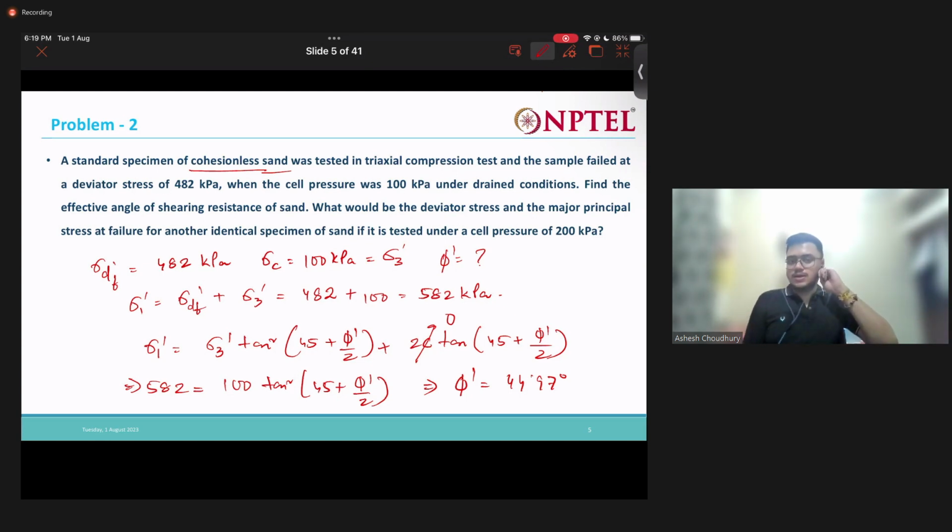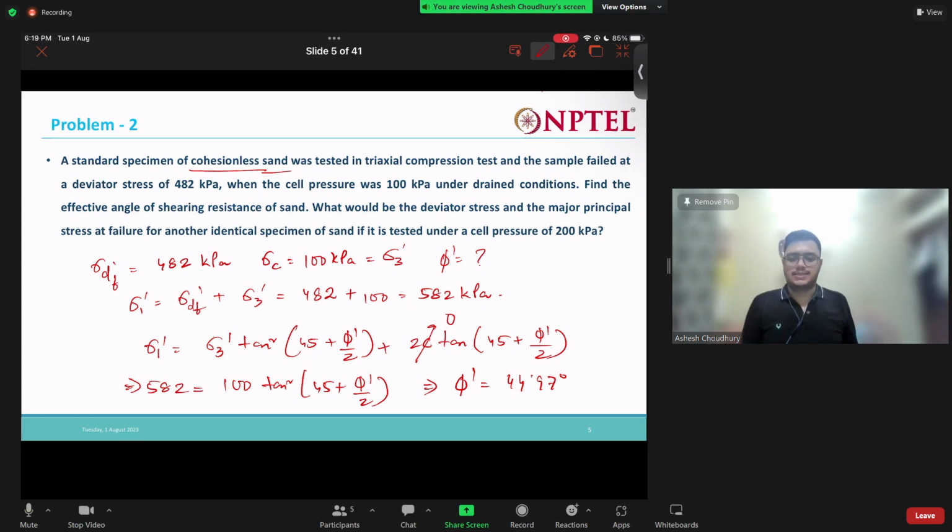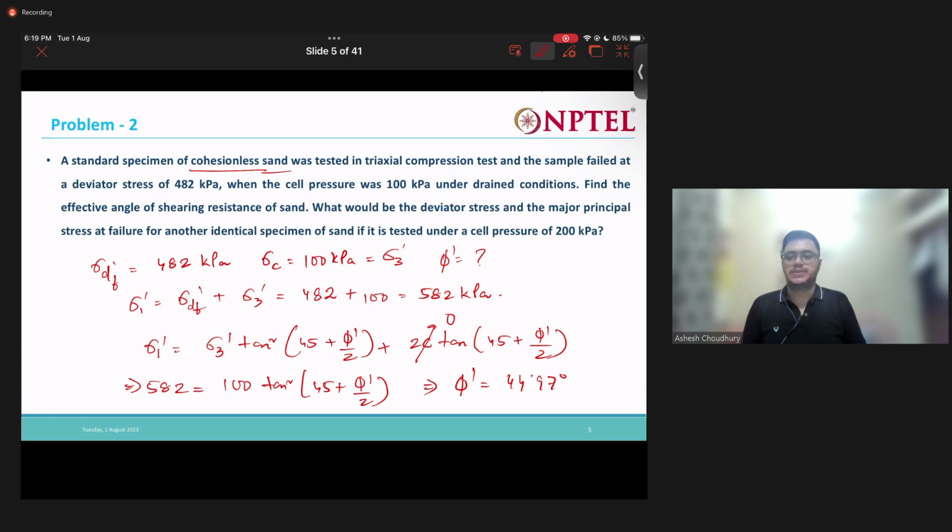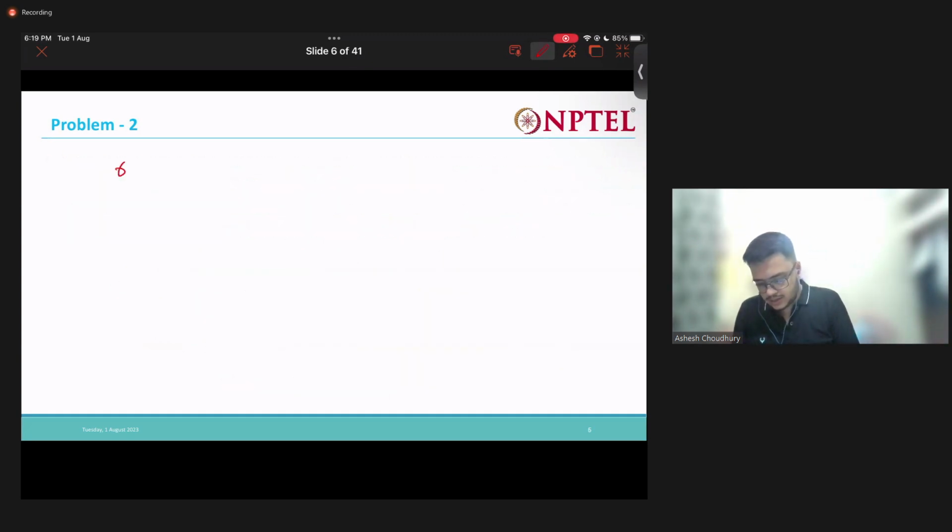Now let us come to the next part. The second part: what would be the deviator stress and the major principal stress at failure for another identical specimen of sand if it's tested under a cell pressure of 200 kPa? So we will take help of the same equation. Sigma 1 dash is sigma 3 dash tan square (45 plus phi by 2).